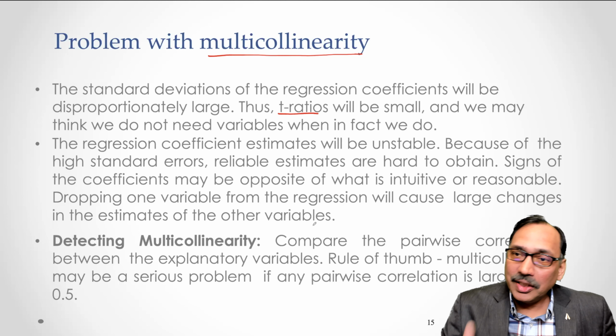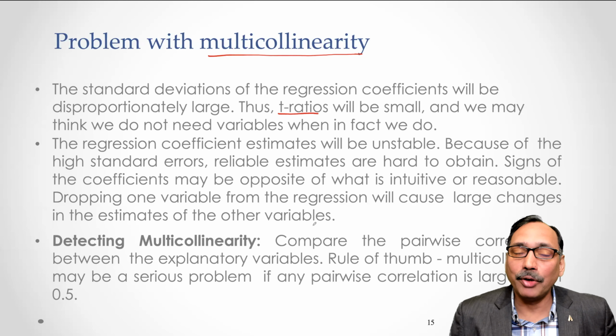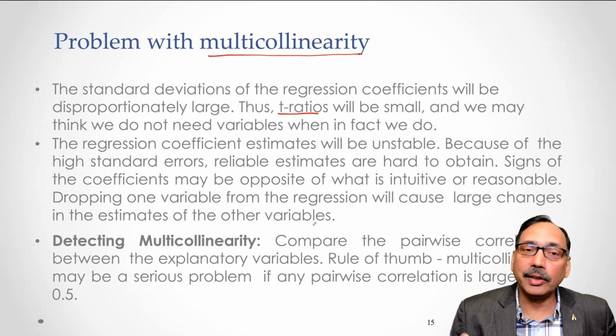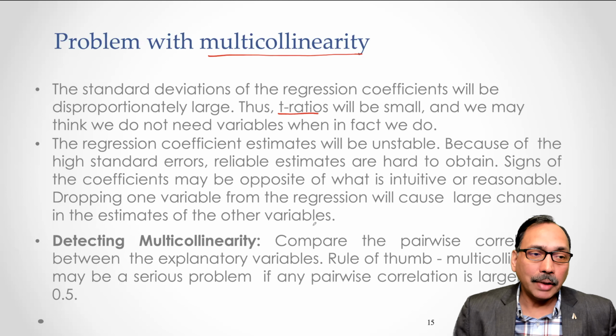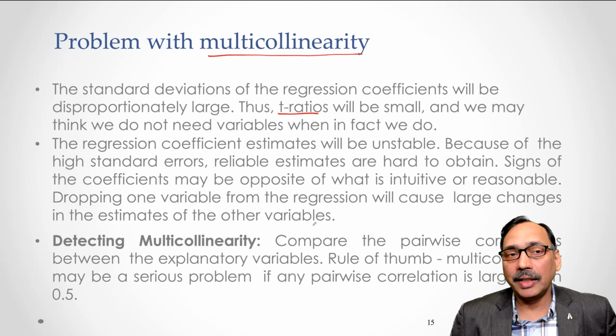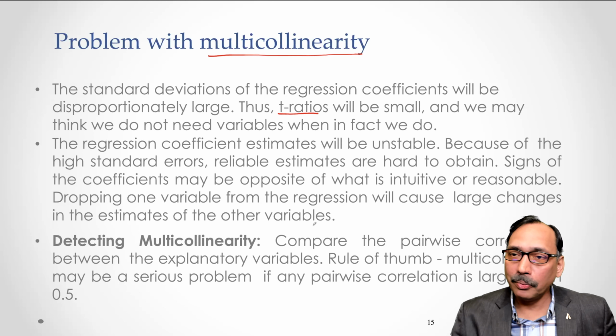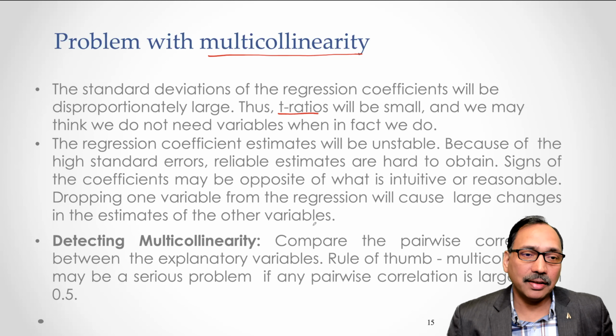Whenever you see that kind of thing happening, it's indicating that you have a multicollinearity problem. You may not have started by plotting a scatter plot and looking at correlation values, but when you start seeing these things in your model, that's a clear-cut indication that there is likely to be a multicollinearity problem causing all this. You remove one variable, suddenly everything changes drastically.